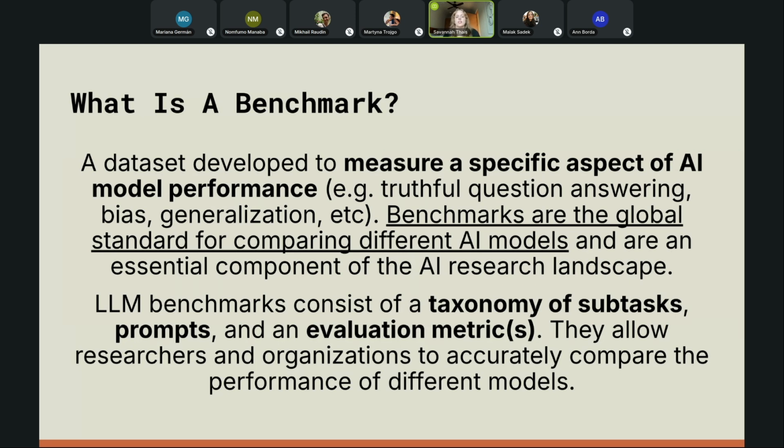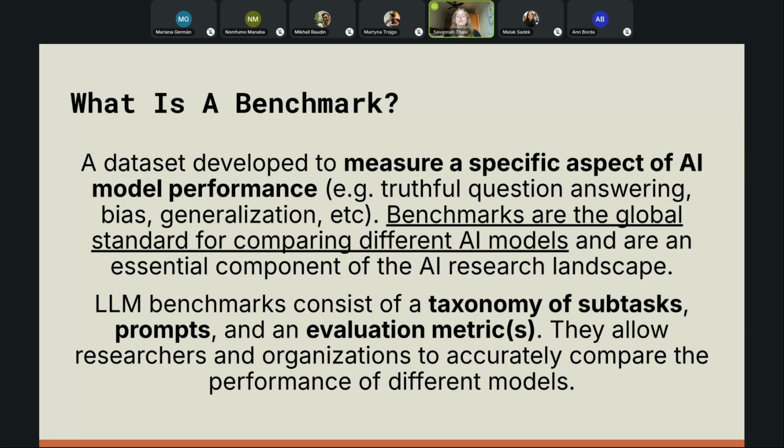Here we're focusing on LLMs, and LLM benchmarks consist of basically a taxonomy that explains what you're doing with the benchmark and what the tasks you're trying to accomplish are, and then a set of prompts that are fed to the LLM, and the LLM is evaluated on the model response to those prompts, as well as an evaluation metric that tells you how you score those outputs and responses.